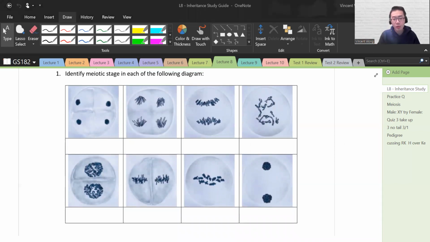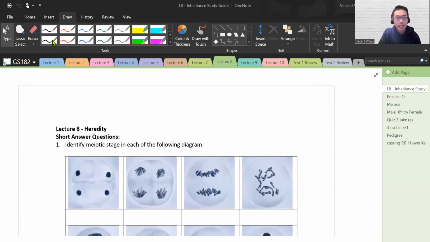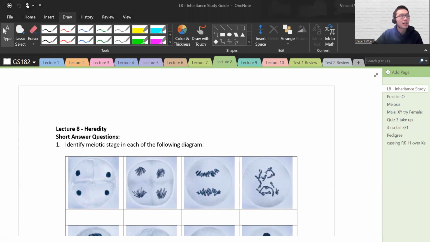So just to refresh your memory, meiosis is a process that is used to produce gametes. Gametes are these sex cells, right? So sperm or eggs, and that takes place in the reproductive organs. Okay?